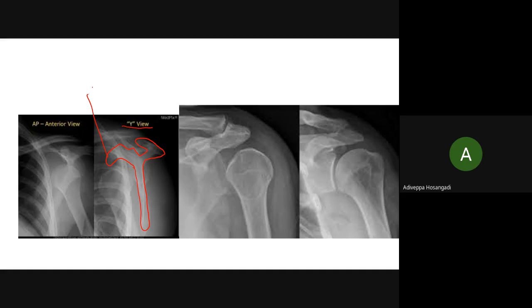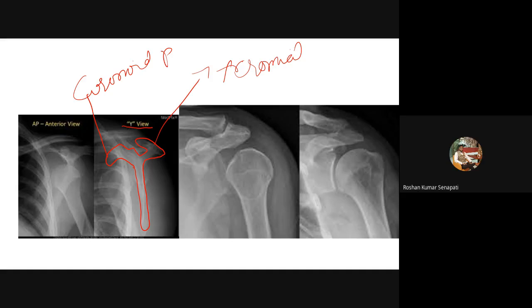This is the coracoid process. This is the acromial process. So where is our head now? Head is anterior or posterior? The posterior, sir. No, this is the coracoid process. I'm telling you, this is the coracoid process. Look at this head.